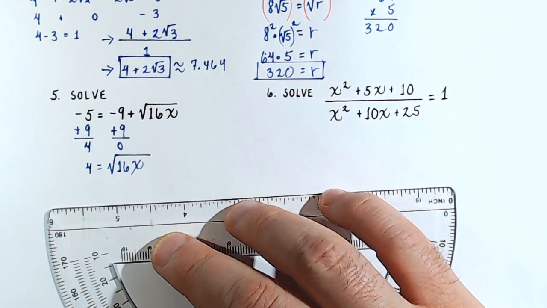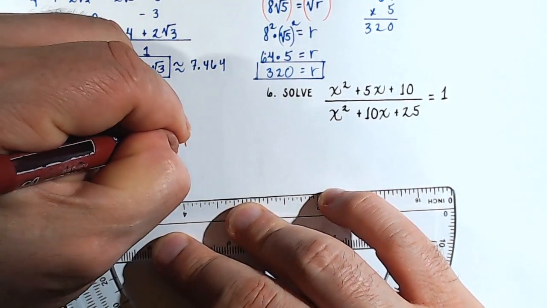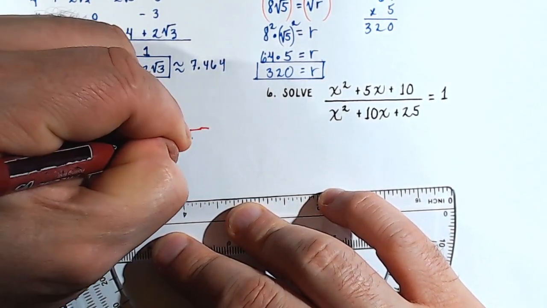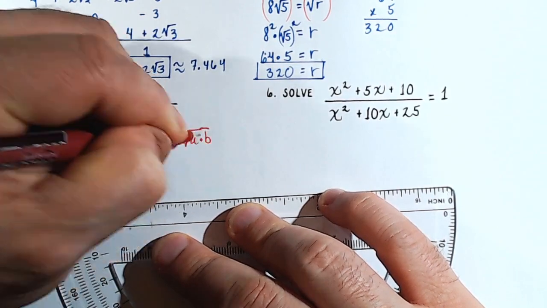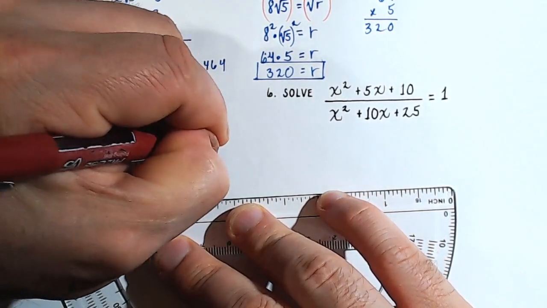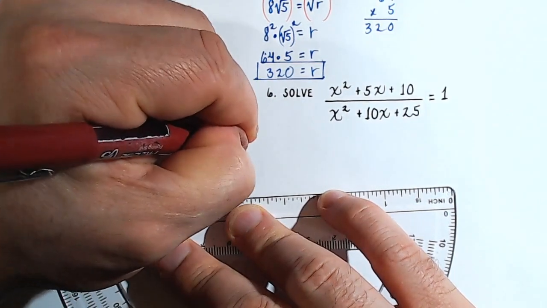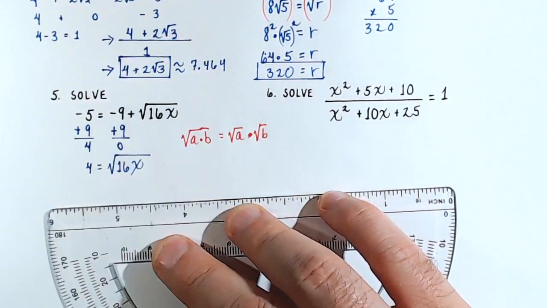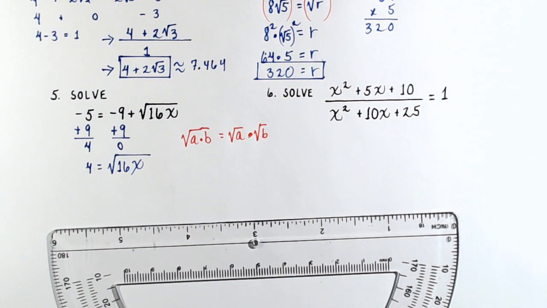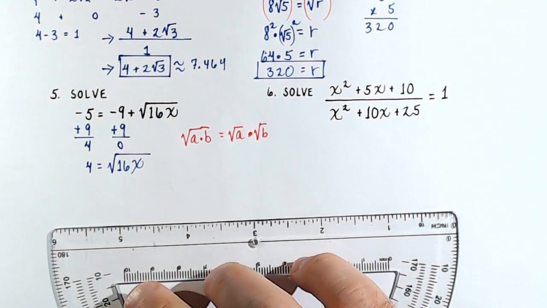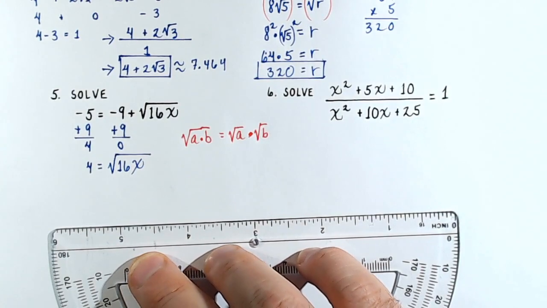Now remember our rule. The square root of a times b is equal to the square root of a times the square root of b. This only works for multiplication. It doesn't work for addition or subtraction. So I'm going to rewrite this now.